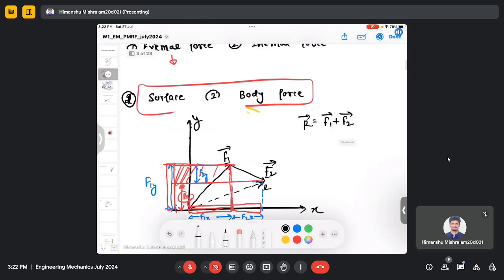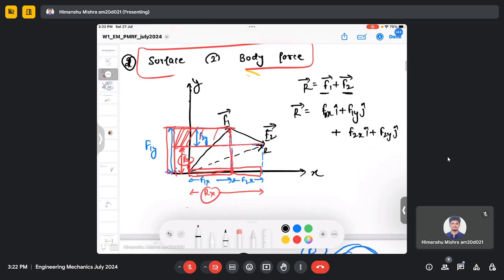So I will write the components of these forces: F1x i cap, F1y j cap, plus F2x along the x-axis and F2y along the y-axis. And since my resultant force is a vector quantity, I can take the components of the resultant force as well.